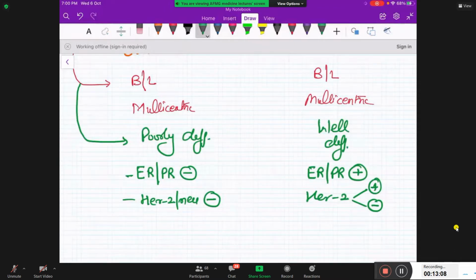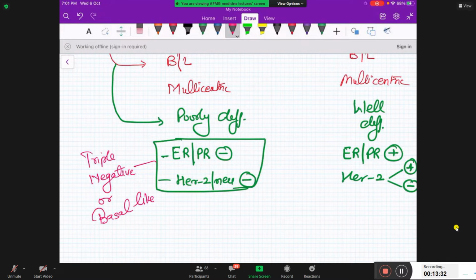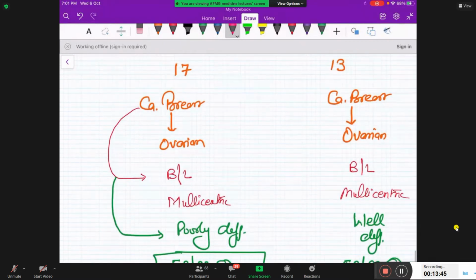This is also called, important, triple negative or basal-like.